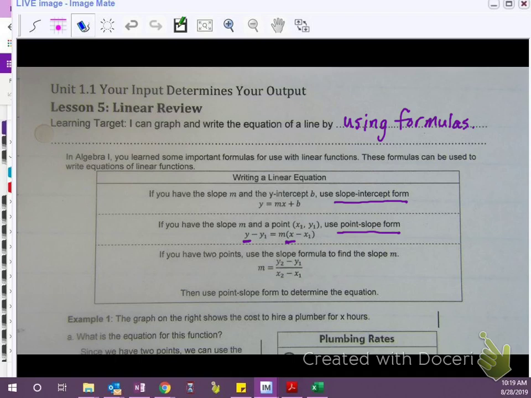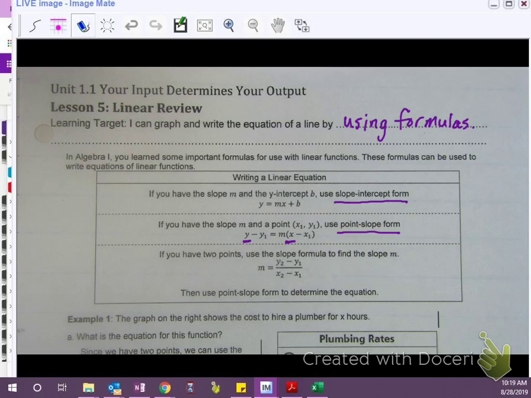The x1 and the y1 are the data from your point.